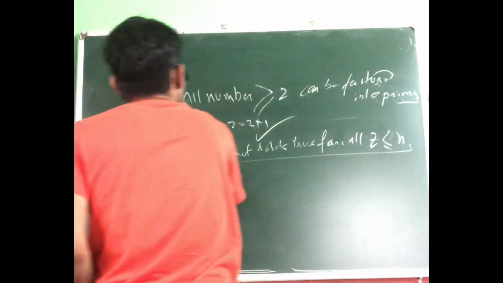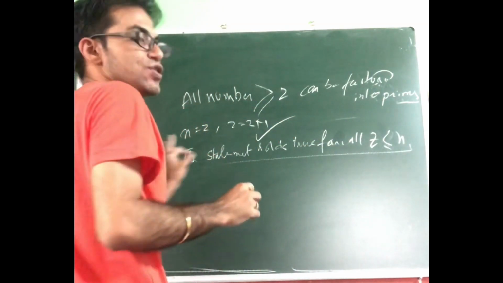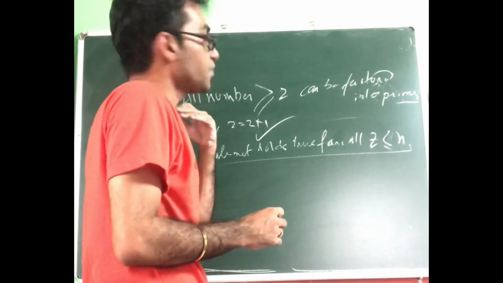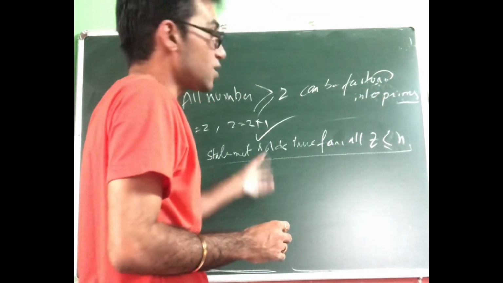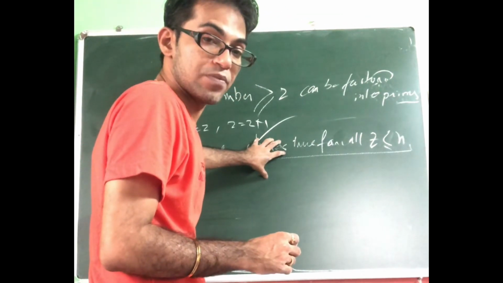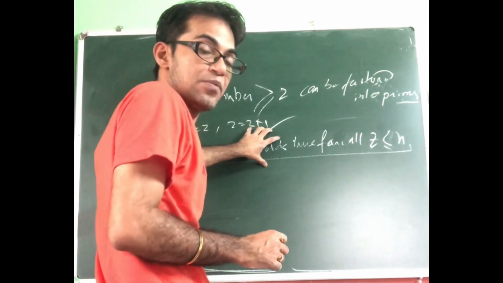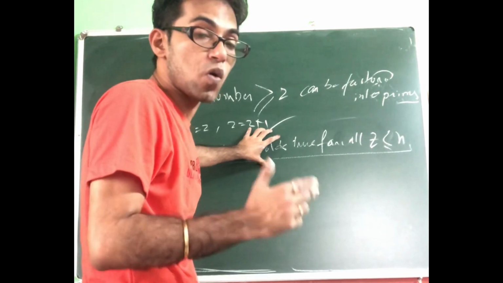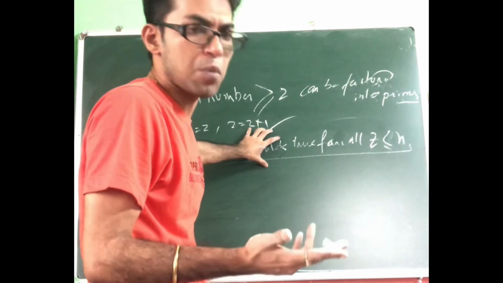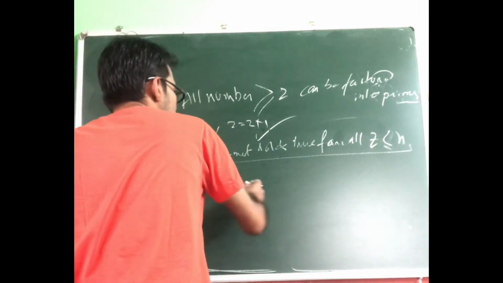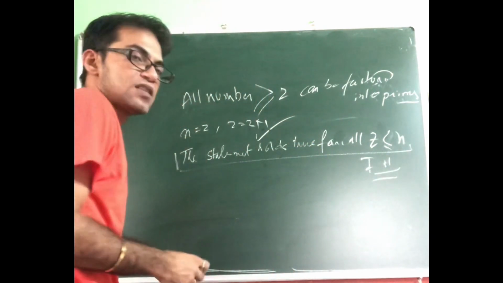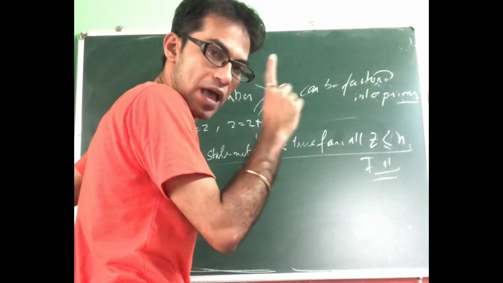So all these integers which are less than or equal to n, this statement holds true. So that's what I am claiming. So this is my induction hypothesis, and using this claim I need to prove that this statement will also hold true for n equal to n plus 1.